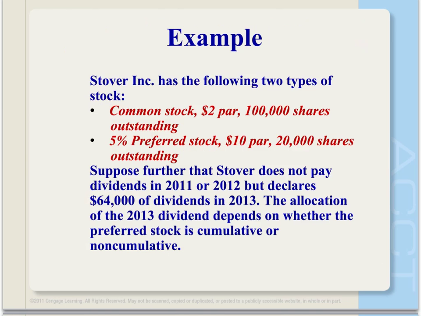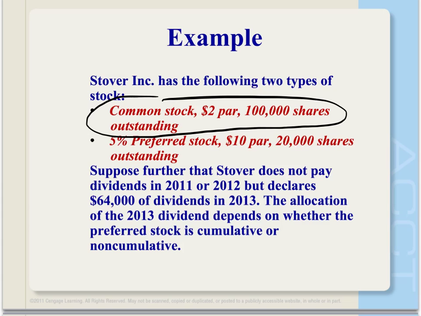Here's an example. In this particular problem, we have two types of stock. We have common stock, $2 par value, 100,000 shares outstanding. And we have 5% preferred stock, $10 par, 20,000 shares outstanding.